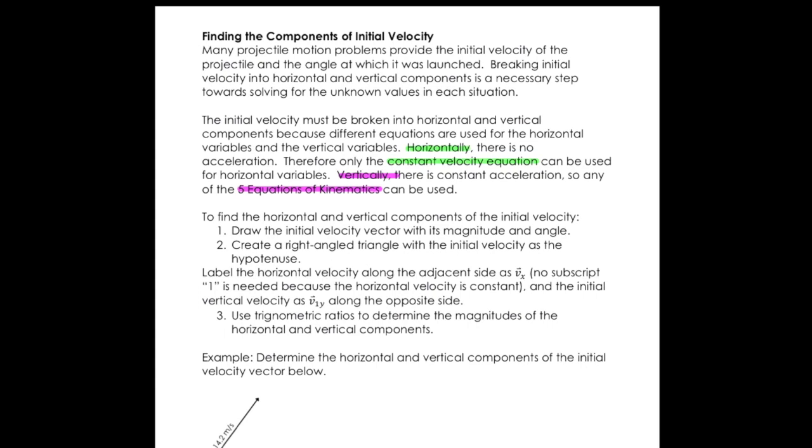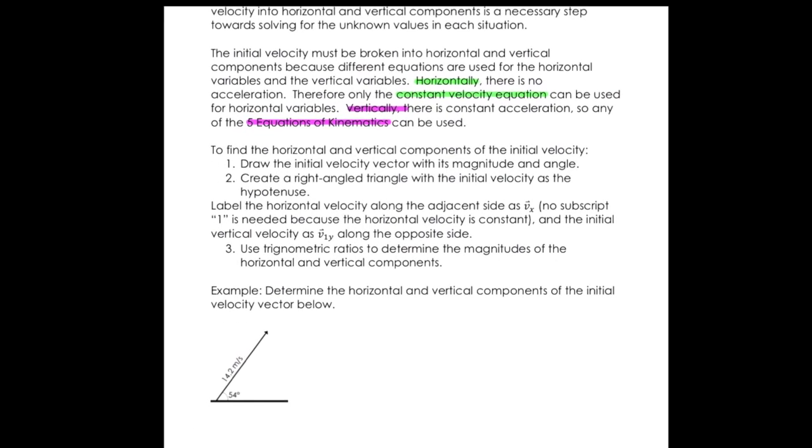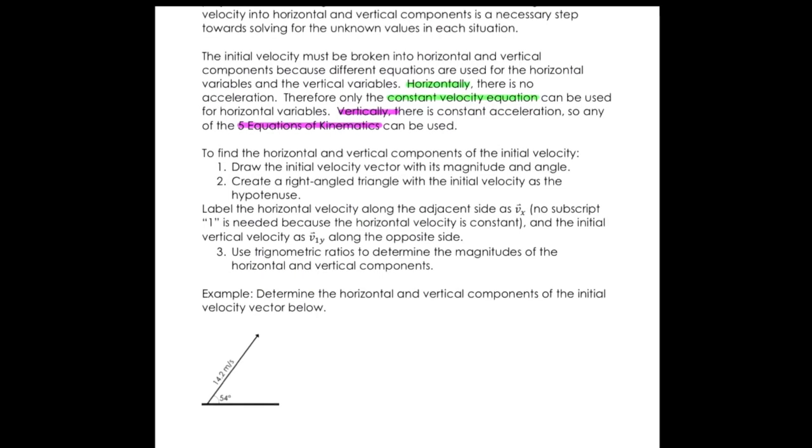Okay, so define the horizontal and vertical components of the initial velocity. First, we need to draw the initial velocity vector with its magnitude and angle. So here, if we look at the practice problem, we have the initial velocity of 14.2 meters per second, and it looks like it's east 54 degrees north.